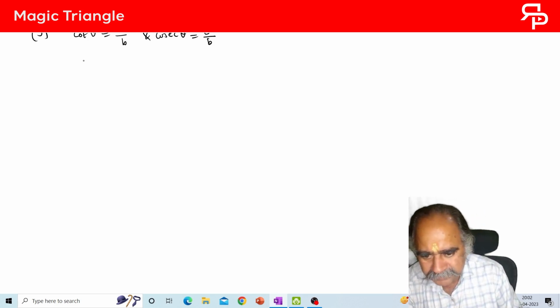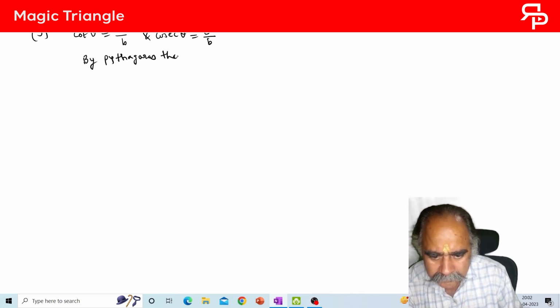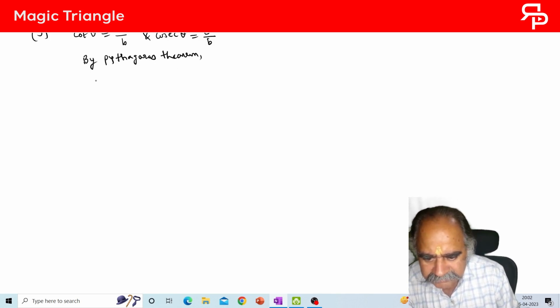Since by Pythagoras theorem, A square plus B square is C square.